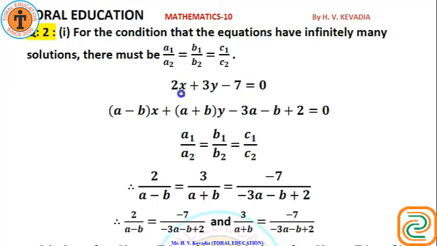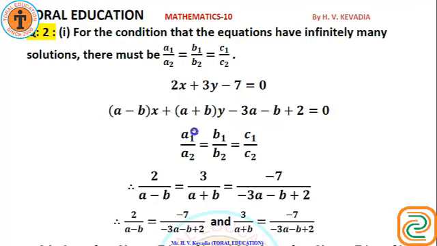So the first equation is 2x plus 3y minus 7 equals 0, and the second is (a minus b) into x plus (a plus b) into y minus (3a minus b plus 2) equals 0. I have taken these terms from the right side to the left side, and in this, 7 is taken from the right side to the left side, so it is minus, and the signs of these terms have changed due to the side change.